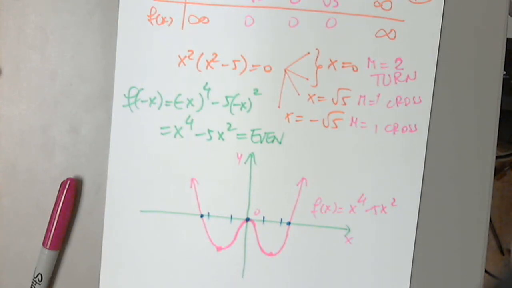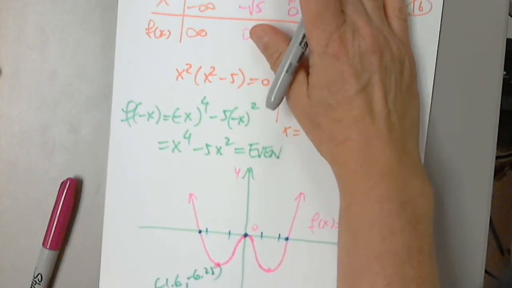Now we are ready to determine the minimum between, let's say, negative 2 and 0. So second, calc, I want the minimum, between negative 2 and 0. Just give me the minimum. So that is negative 1.6, negative 6.25.